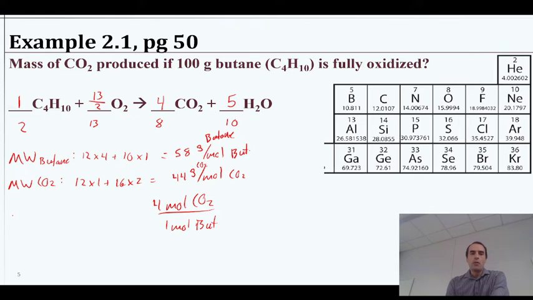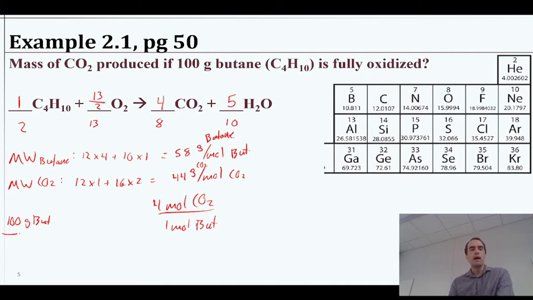So we say, well, how many grams of butane do we have? Or how many moles? I'm going to say 100 grams of butane, and we can apply our molecular weight. And you always have to check, am I multiplying, am I dividing? Just make sure the units match, right? Because we want to go from grams of butane to moles.